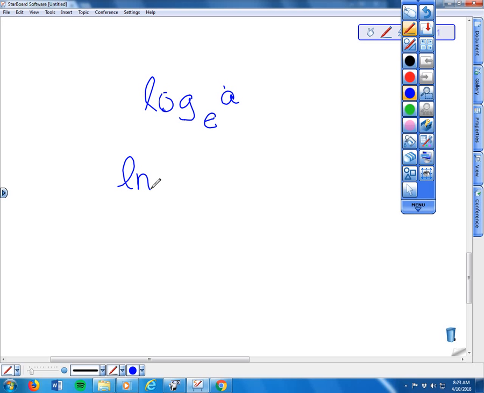Okay? So if I have y equals e to the x, and I want to undo this, the base is e, so I could write log base e, but that's not log base e, it's actually ln. ln y equals x.